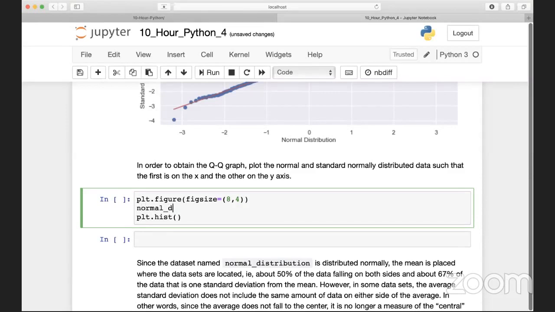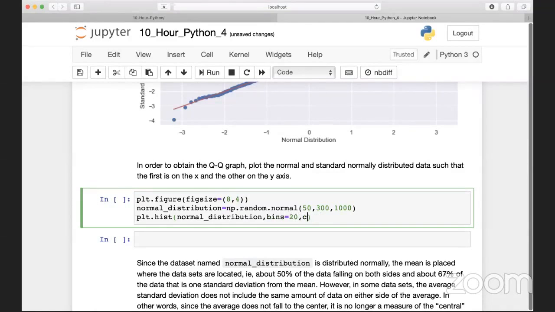Sometimes I have a hard time typing this distribution. np.random.normal, 50, 300, and 1000. plt.hist, I will take it and use this one. Okay. What else? Bins is 20.